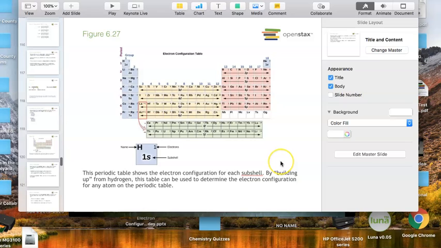There's a reason why we call them representative elements: they're easy to understand. Just to recap, a representative element is in group 1, 2, or 13 through 18. So pretty much all the groups except the transition metals, which are more complicated to predict. That's why their oxidation numbers are not always fixed.